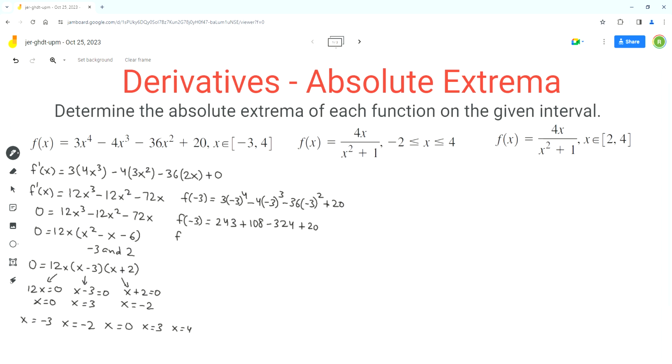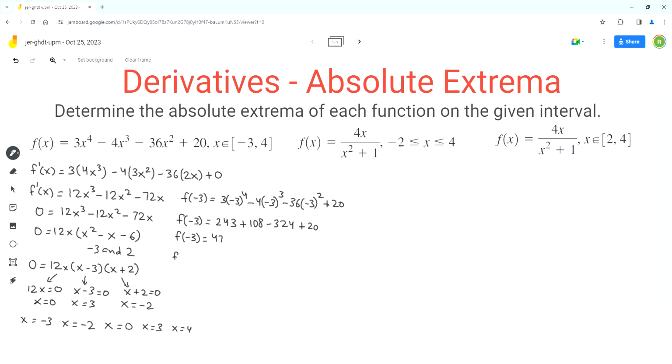Now we can combine all the terms. f at -3, we got 243 plus 108 minus 324 plus 20 equals 47. Now we can find the function value at -2.